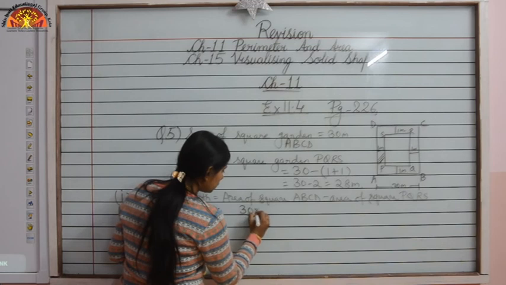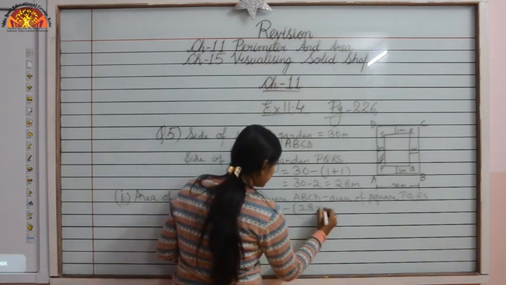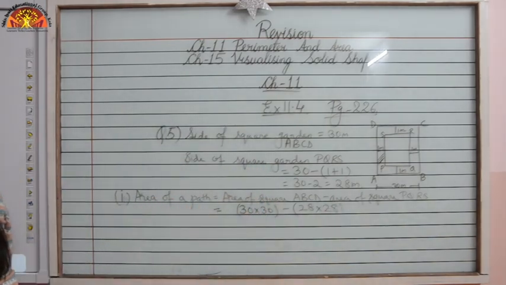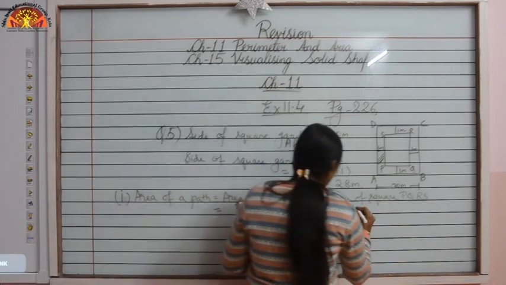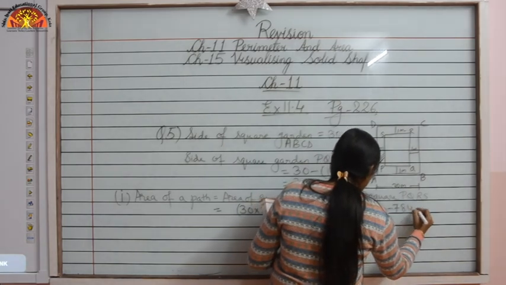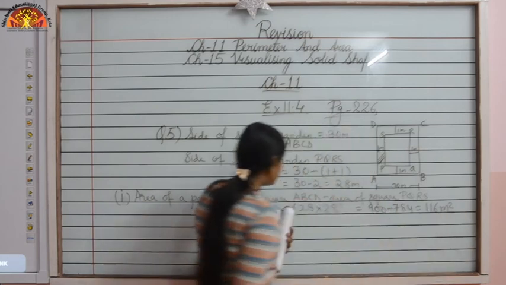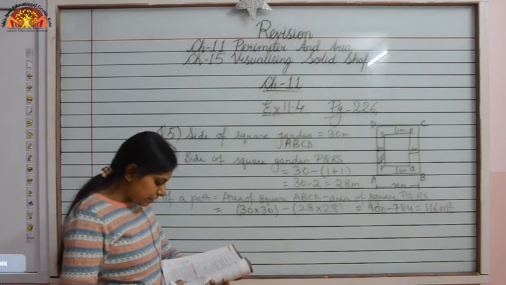So 30 into 30 minus 28 into 28. Is it clear? That is 30 into 30 minus 28 into 28, which comes out to be 900 minus 784, which is equal to 116 meters square. Is it clear? So the area of the path is equal to 116 meter square.